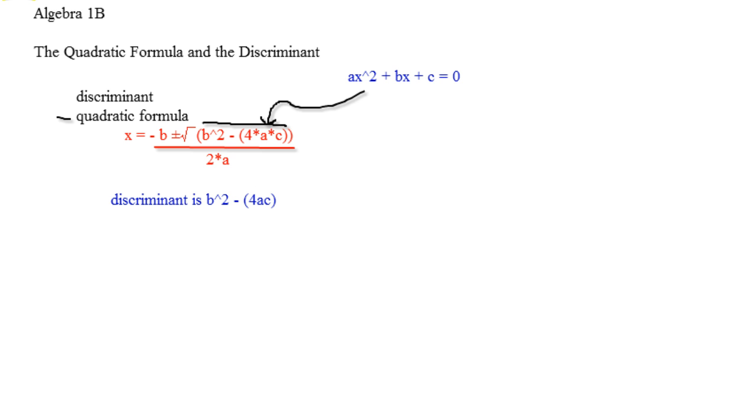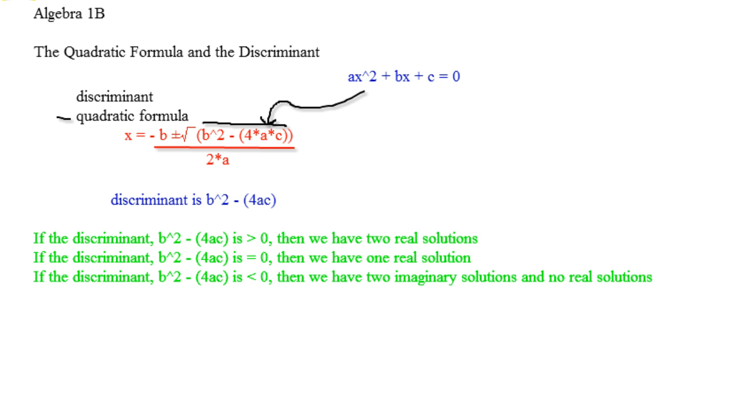Now I'm going to put up some rules for working with the discriminant. I'll put up the rules first, and then we'll start talking about it. There's a law in math called the law of trichotomy. In other words, either a number is equal to another number, or it's greater than, or it's less than. There are only three options, and we're going to use 0 as our placeholder.